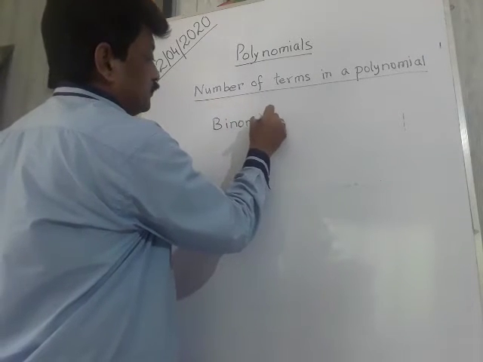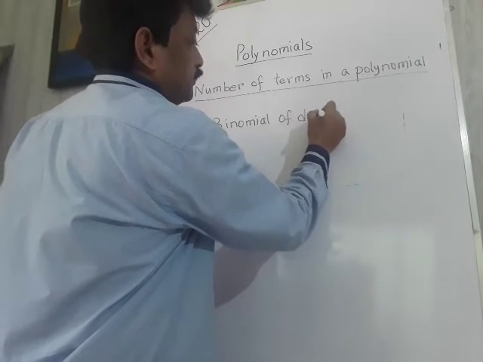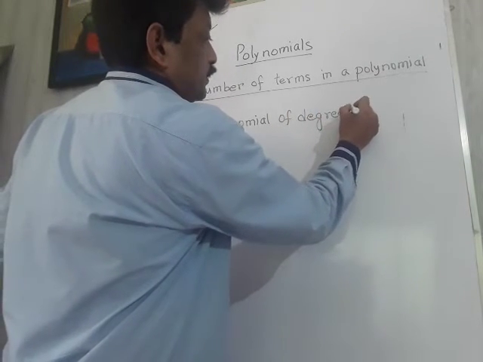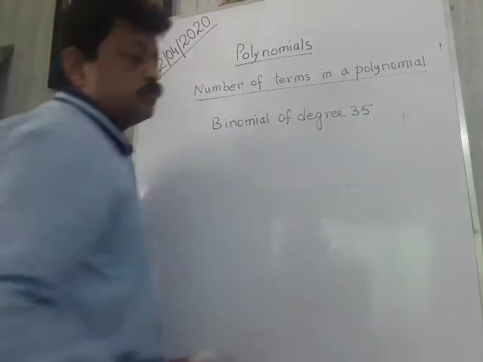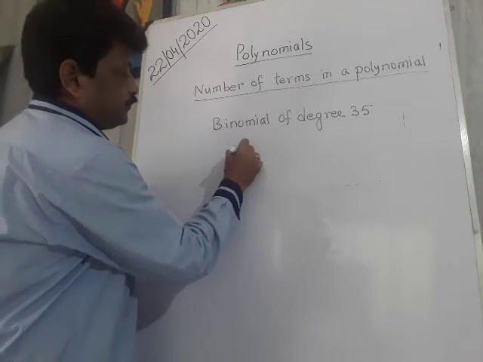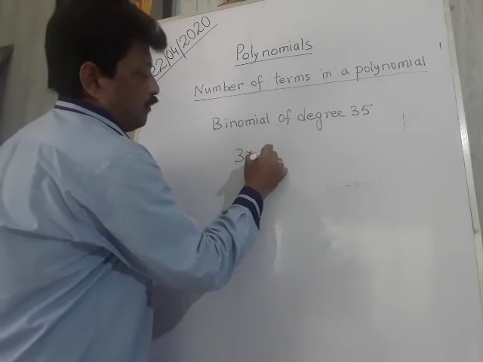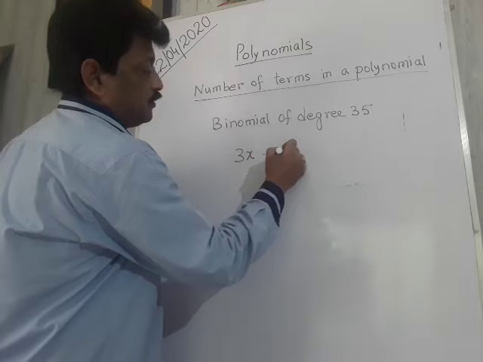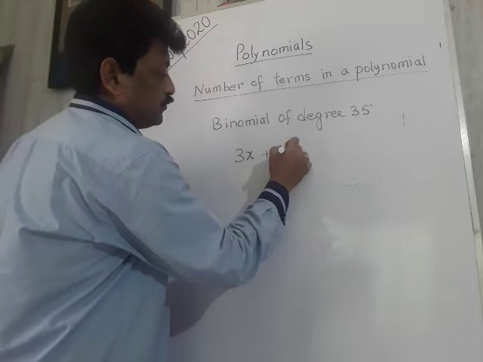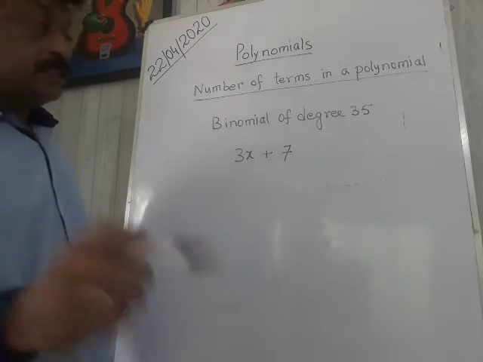Binomial of degree 35. So we can write any binomial. For example, 3x plus 7. Now this is a binomial, but see the degree.